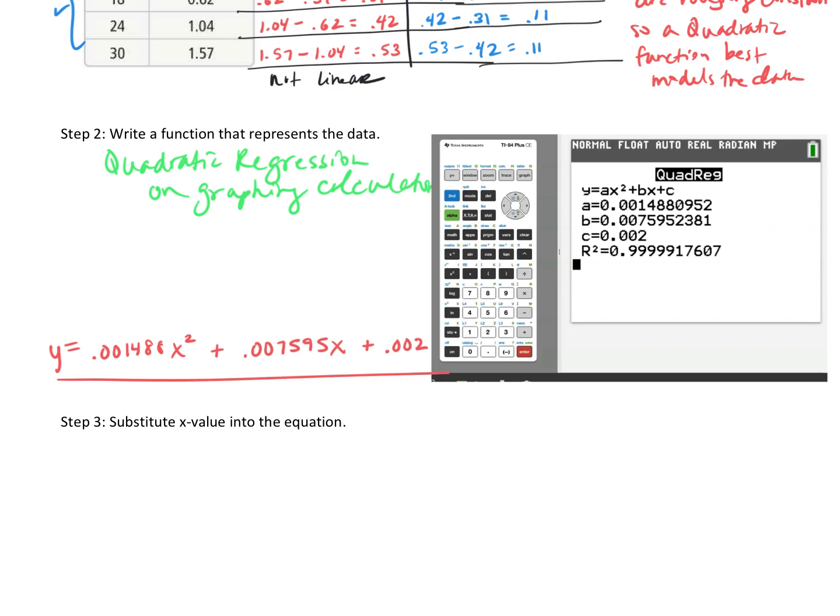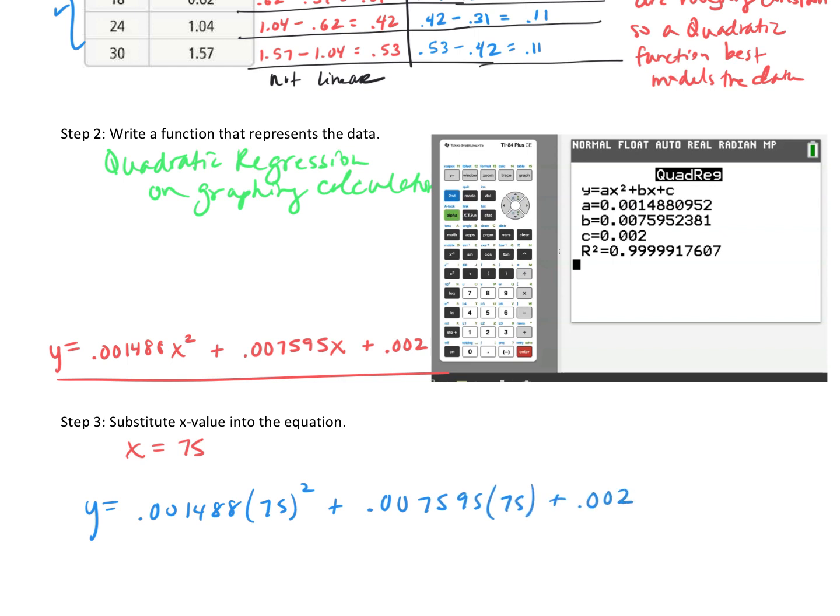Step 3, substitute the x value into the equation. So we want to estimate when a frame is 75 inches long. We're just going to plug in a 75 for x. So we write this again: y equals 0.001488 times, in parentheses, 75 squared, plus 0.007595 times 75, and then plus 0.002.